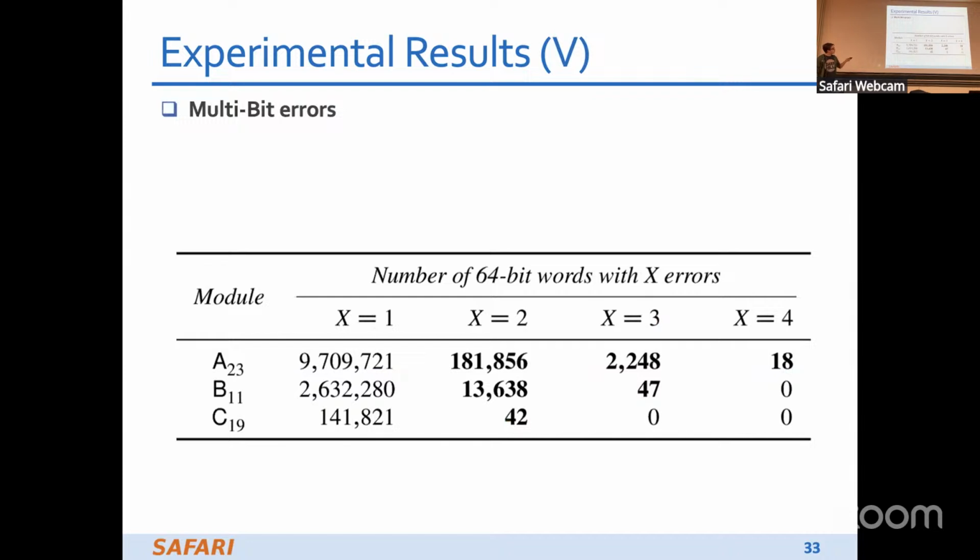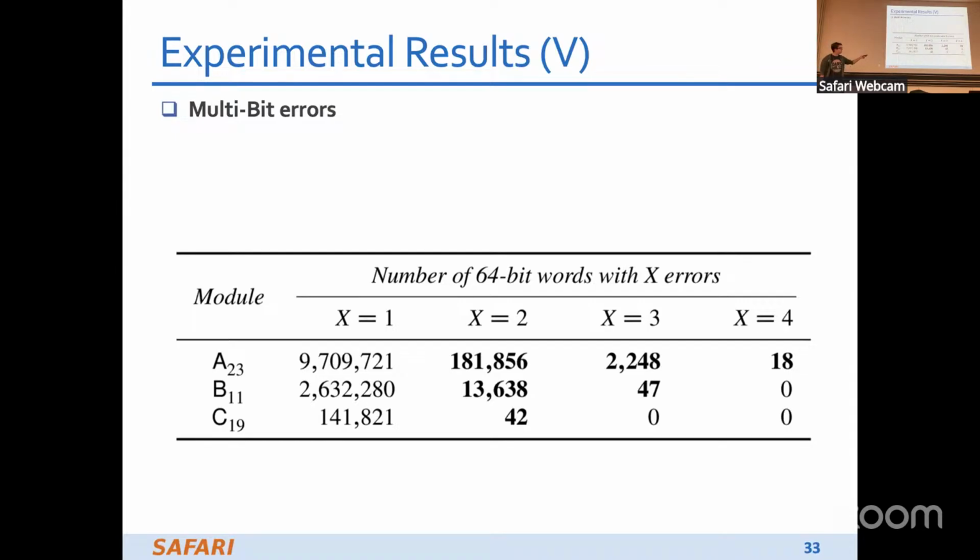They have also found multi-bit errors, which they categorize as errors that are more than 1 bit within a 64-bit word, which is an issue because common error correcting codes would work on 64-bit words, but can only detect up to 2-bit errors and can only fix up to 1-bit errors.